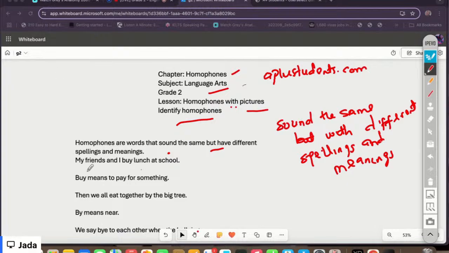For example, we have here: my friends and I buy lunch. So we have buy. This buy means to pay for something. You understand me? Pay for something.